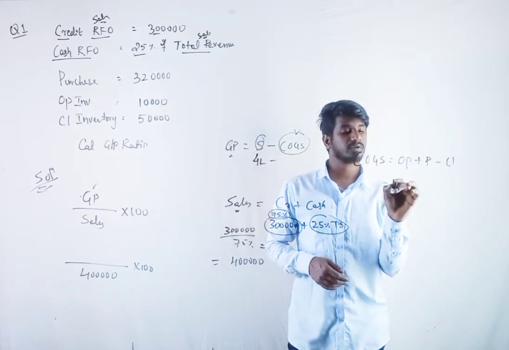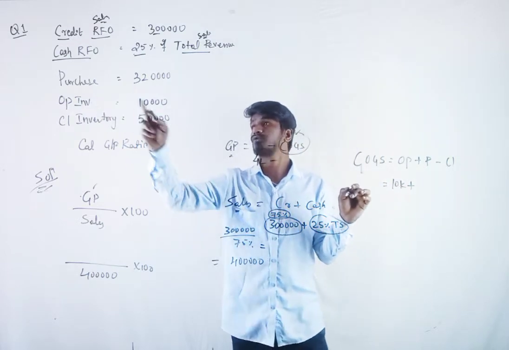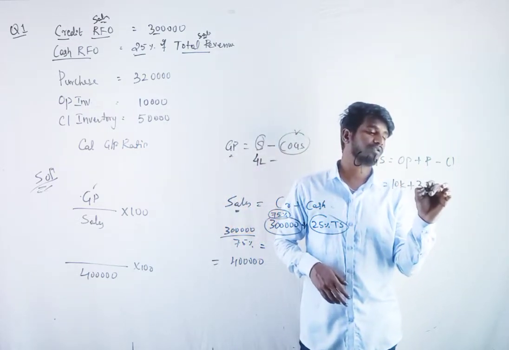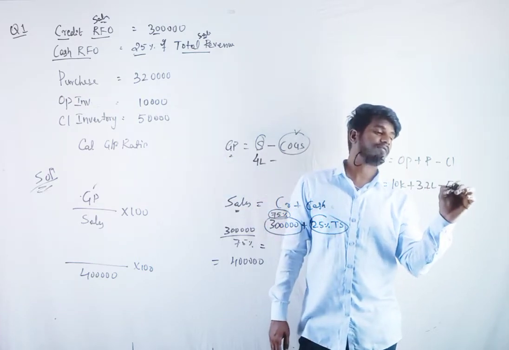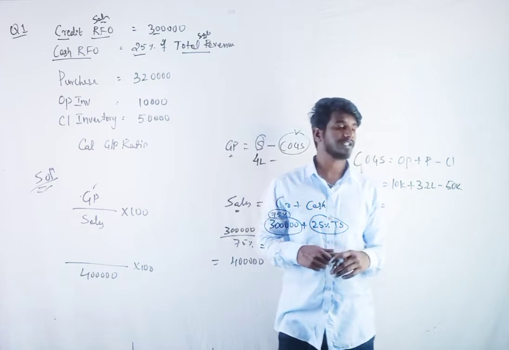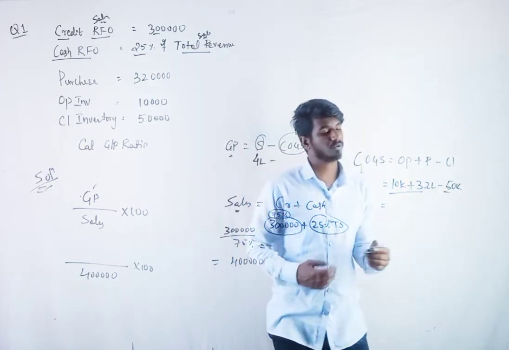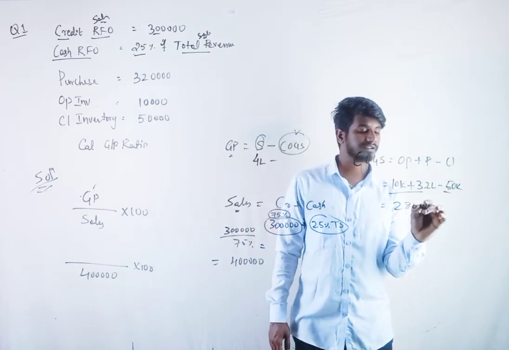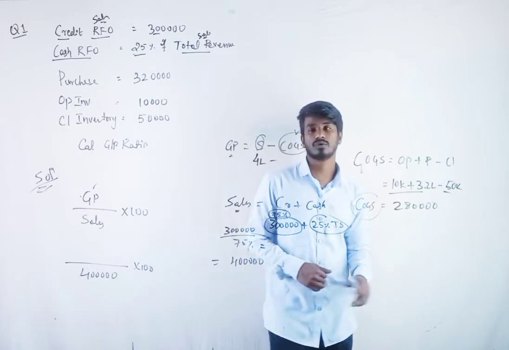What is the opening amount? 10,000 plus purchases 3 lakh 20,000, 3.2 lakh, minus closing inventory 50,000. How much does it come out? 2 lakh 80,000 is the cost of goods sold.